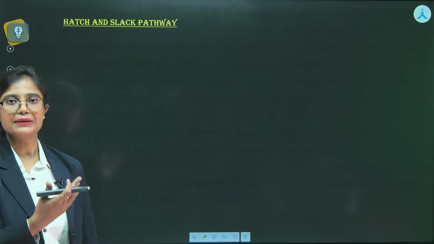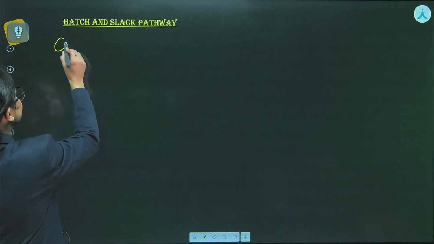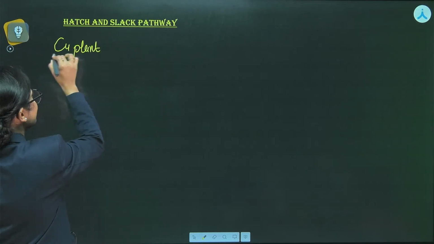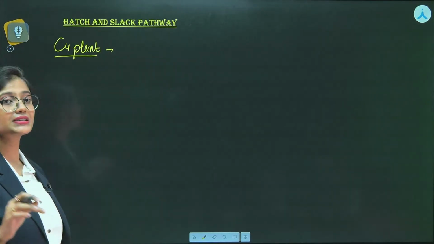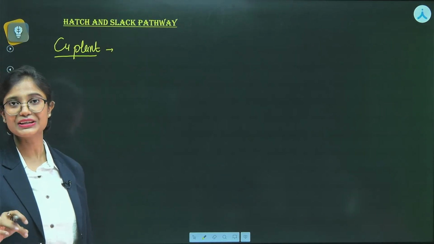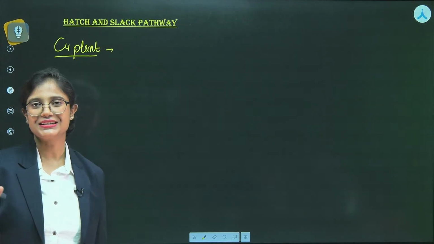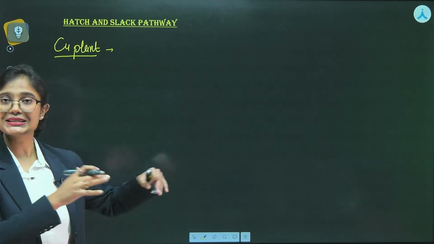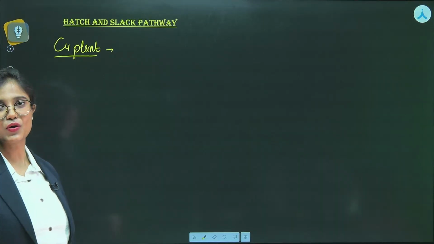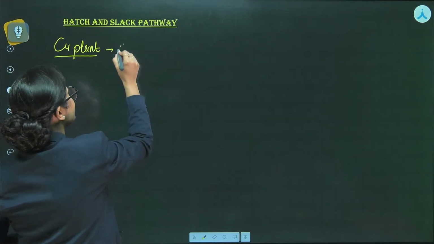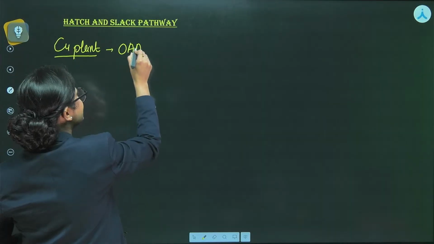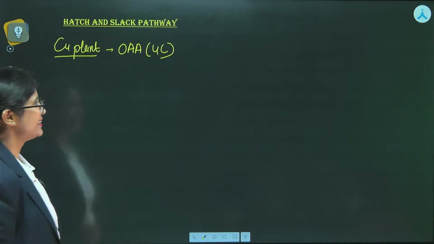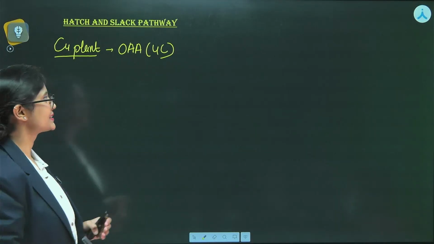Why are they named so, C4 plants? जैसा कि हमने C3 में देखा था that the first stable compound which is formed in the C3 plants is 3 carbon containing, that is phosphoglyceric acid. वैसा ही यहाँ पर जो first stable compound है that contains 4 carbon, that is oxaloacetic acid, OAA, which is of 4 carbon. Right?